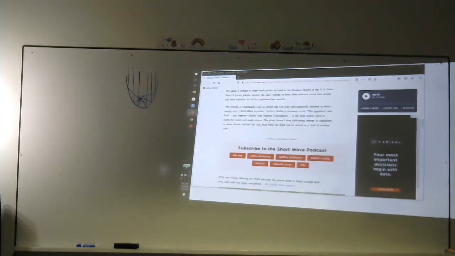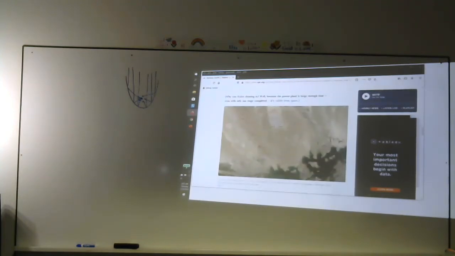It says there it gets extremely hot, 393 degrees Celsius or 739 degrees Fahrenheit. That is warm. There's a picture of it from outer space. NASA actually took a picture of that, and you can see how large it is right in the center of the picture there.